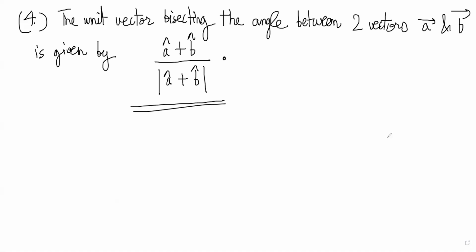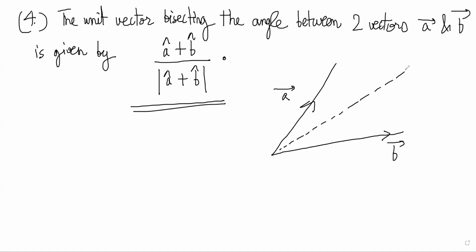So what are we saying here? The unit vector between the two vectors A and B. So let's say this is my A vector and this is my B vector. So what we are saying is the angle bisector is going to be along this direction, right? The reason that is so is because this is a congruent triangle. The distance of any point on the angular bisector with this is equal.